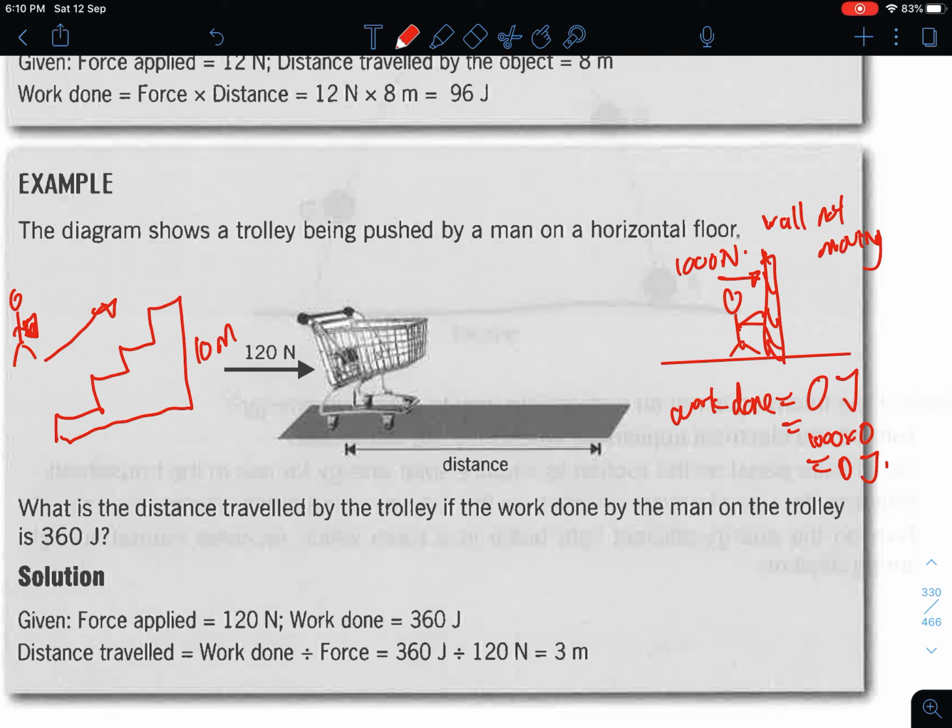What you need to do is to really calculate the distance from here until here, and not use the 10 meter, unless you say that you actually put a lever and lift the box upwards in the same direction, then you can calculate it, where the force would generally be the weight of the box.